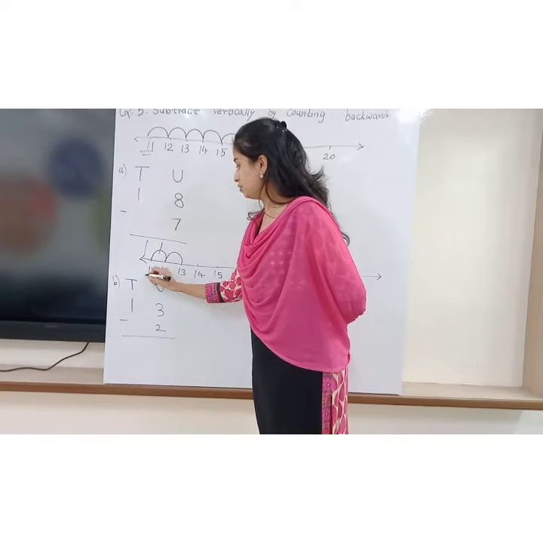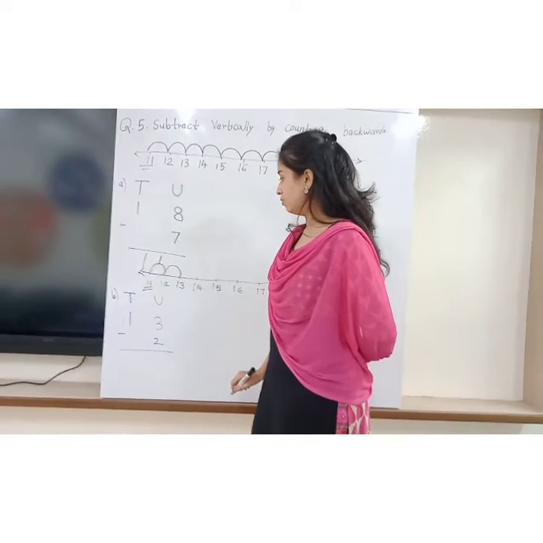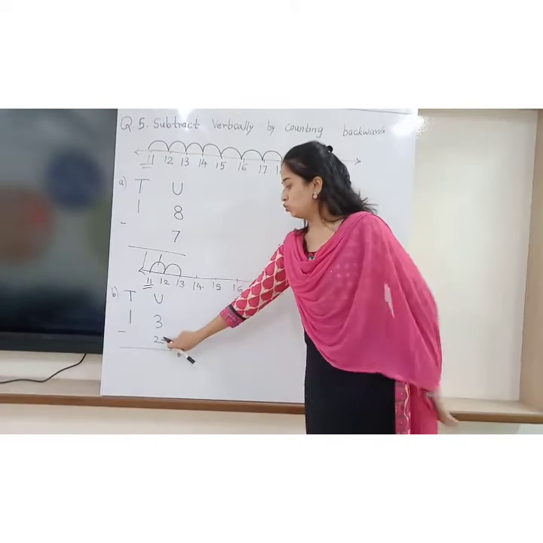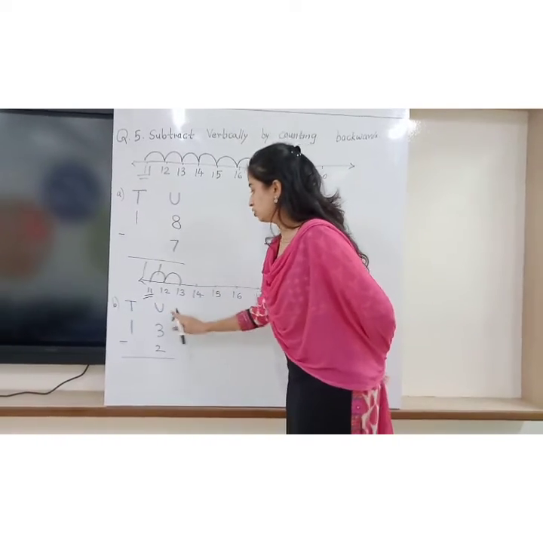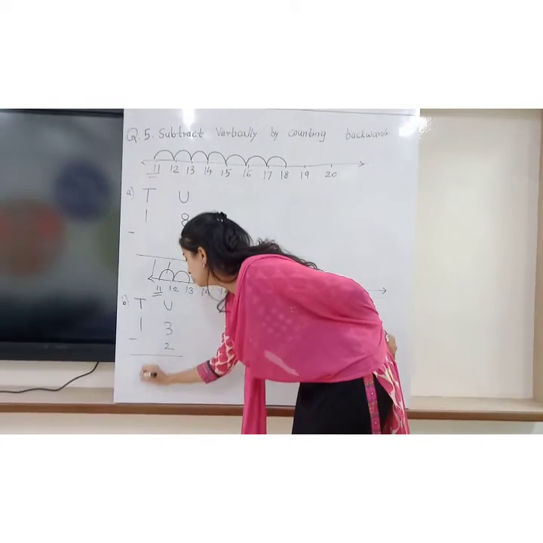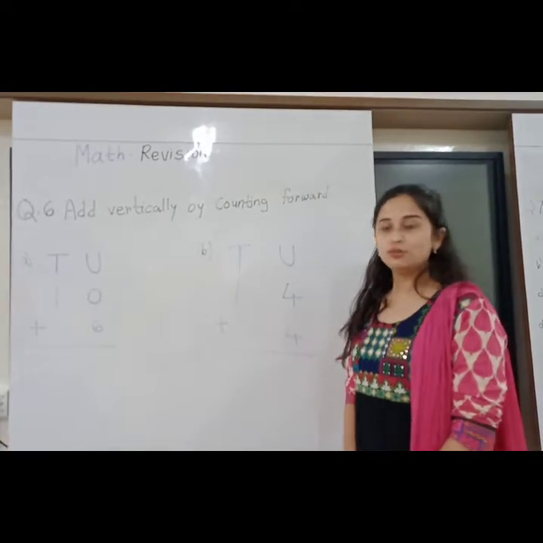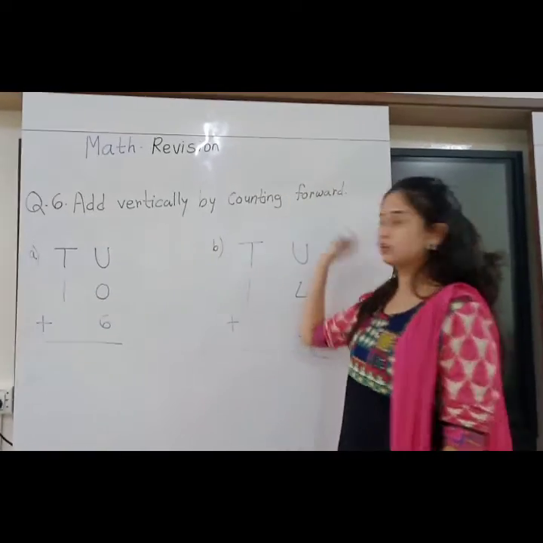So again I am reaching which number? 11. Correct? I am starting with number 13 and counting 2 backwards. It's subtraction, so I am counting backwards. So 13 minus 2 is 11.